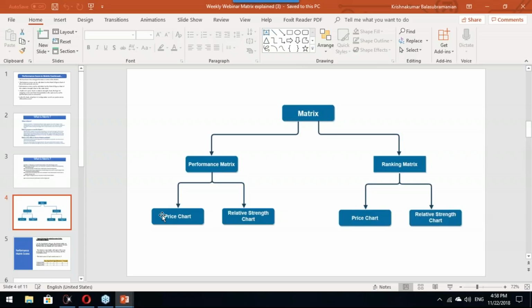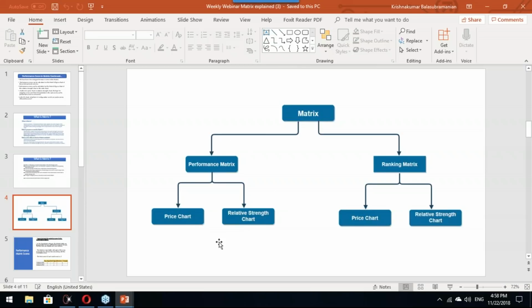We were trying to look at different combinations. We were trying to interpret what the scores of plus one or minus two mean, and stuff like that. But the entire discussion was focused on the price chart. So let us try to focus on the relative strength chart and try to find out what it means and how to interpret the performance metrics on the relative strength chart.